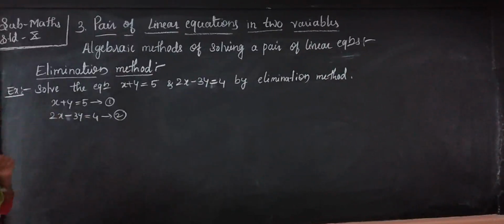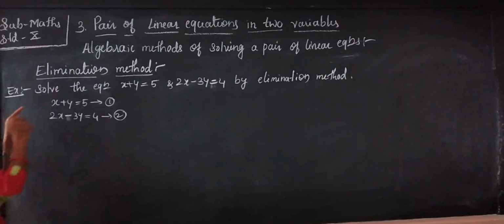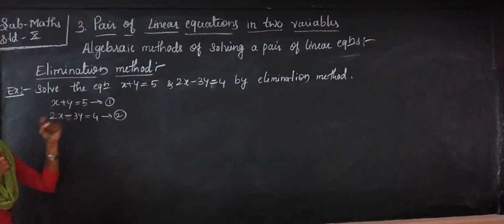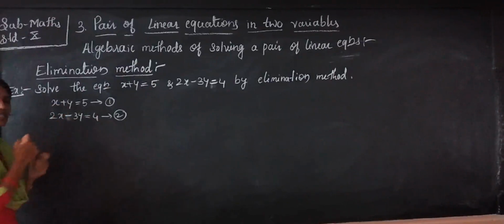To cancel the x variable, we have to multiply equation 1 by 2, so we will get 2x here. Otherwise, if you want to cancel y, here minus 3y is there, here y is there, so we have to multiply equation 1 by minus 3. Then we get minus 3y on both sides and can easily eliminate.